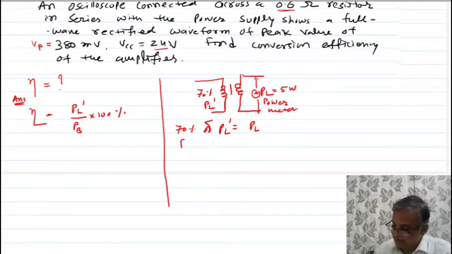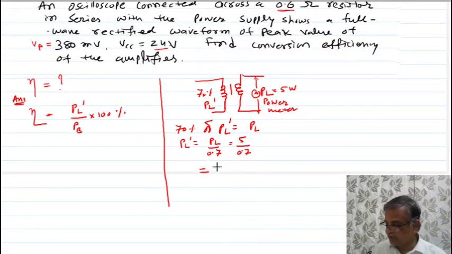So PL dash is equal to PL upon 0.7, that is 5 upon 0.7, which is nearly 7.143 watt. This is your PL dash.